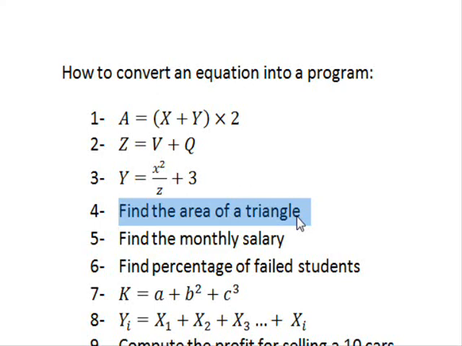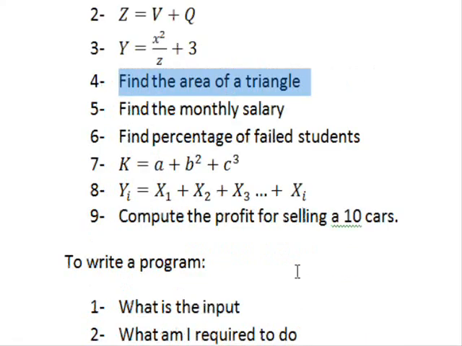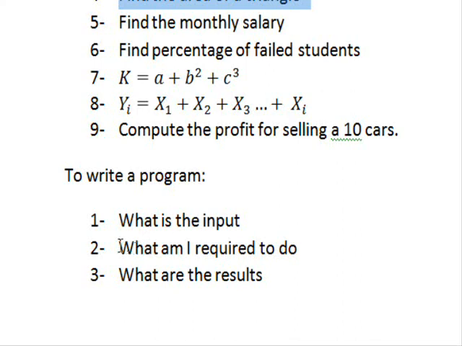You need to know the equation to find that, to calculate that, and then you need to use it. Okay, so this is what I mean, what am I required to do. In this case it means what's the equation, or what kind of processing I must do to get the result.